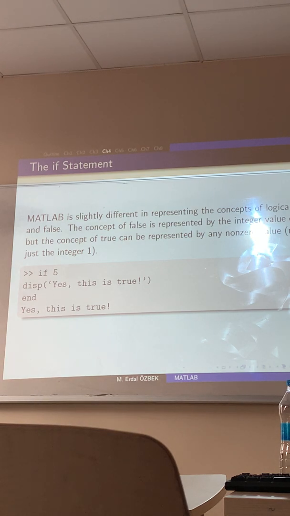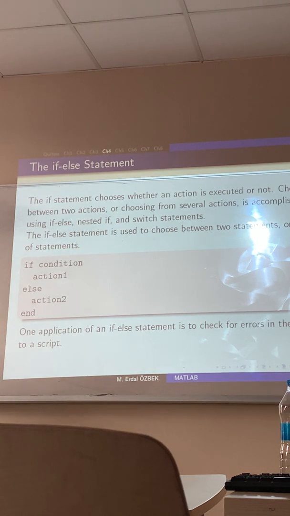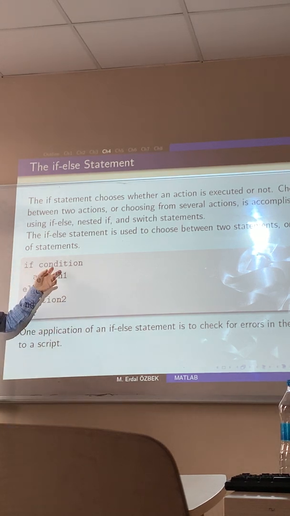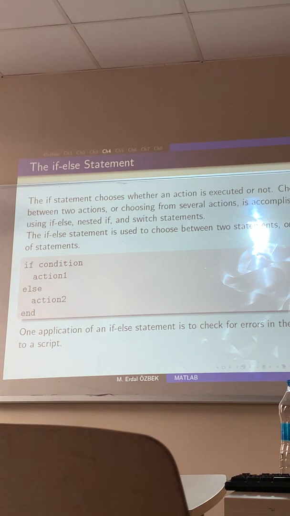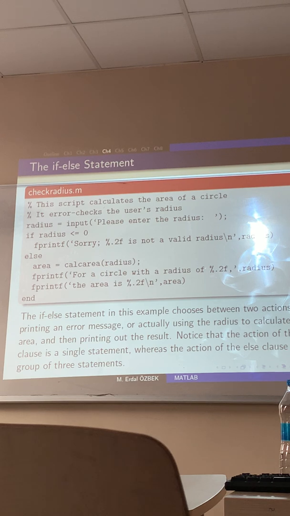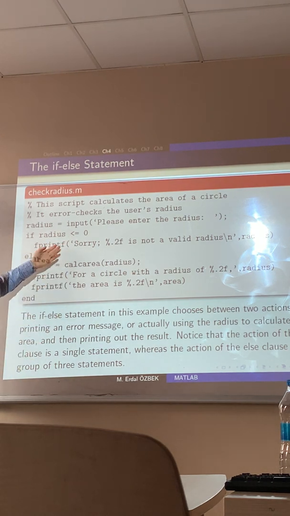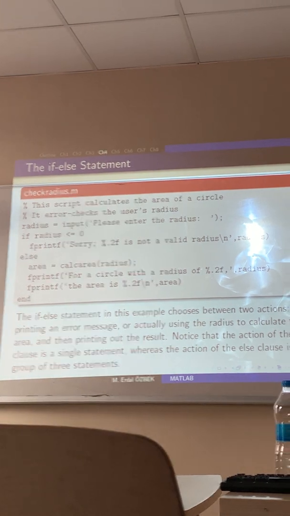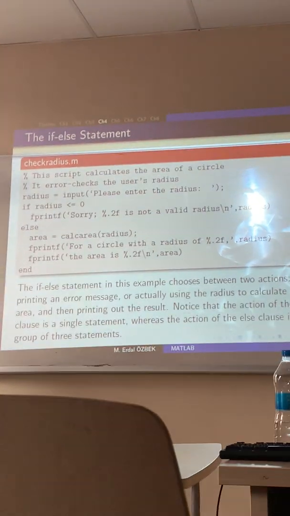If you have two statement conditions, then you can combine them with else statements, right? So you have condition 1, action 1, else, condition 2, action 2. Okay? If the radius is less than 0, it is not a valid value, because a radius of -1 is not possible, right?